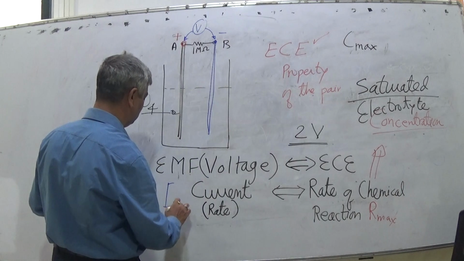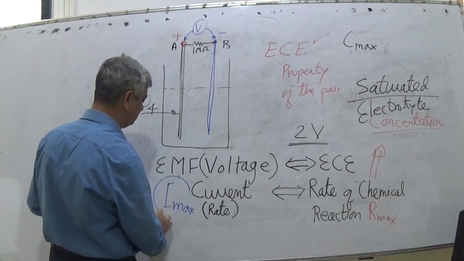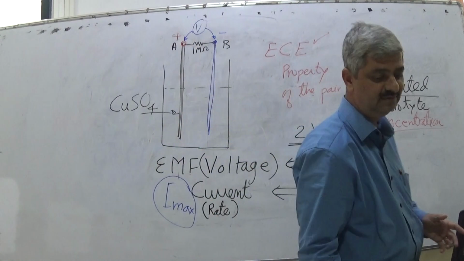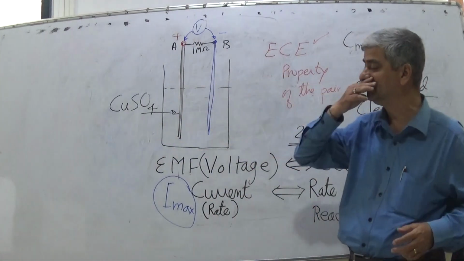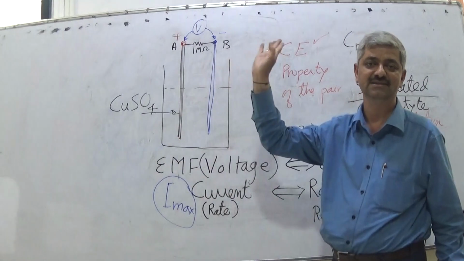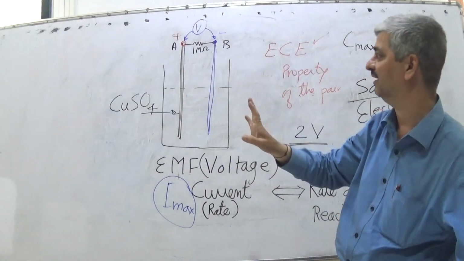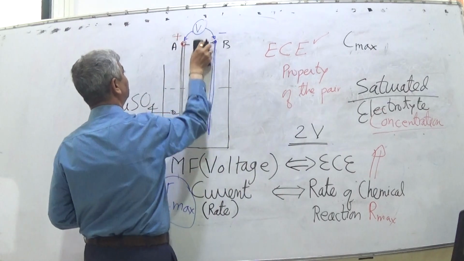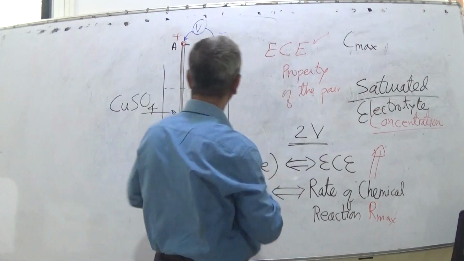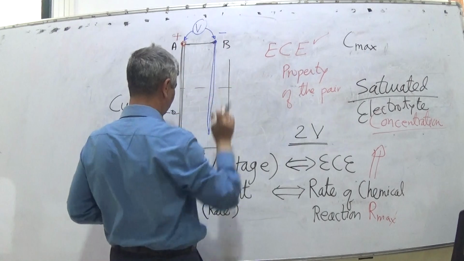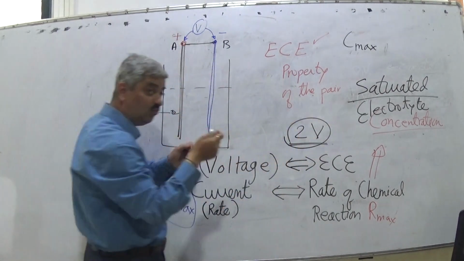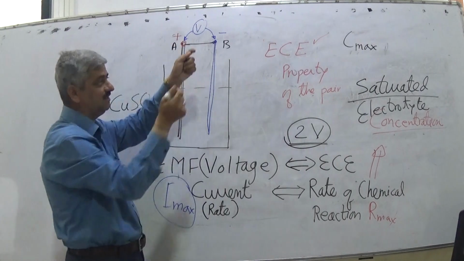So in any case, the current which will be given by this will not increase beyond a given limit, maximum current. So even if you short this, the voltage is 2 volts when nothing is connected.